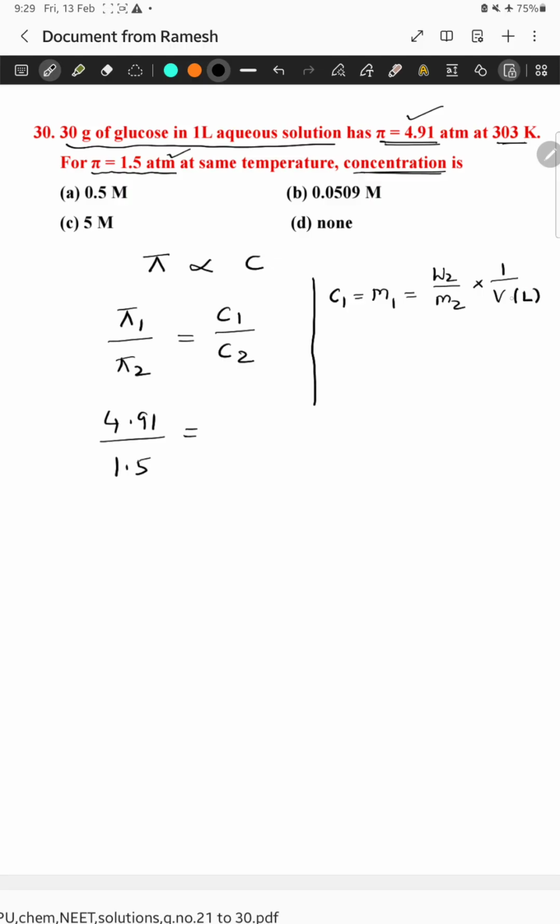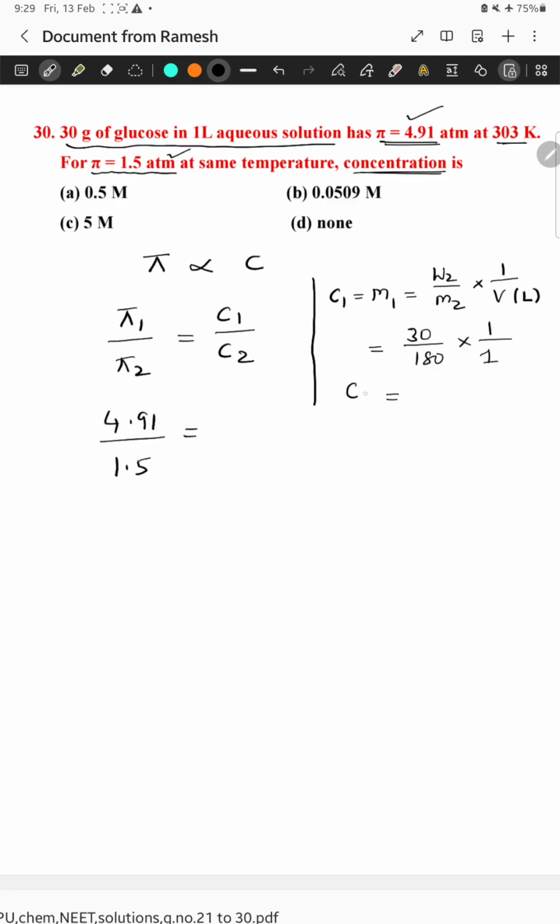Since volume is given in liter, I am not taking 1000 in the numerator. W2 means mass of solute. The solute here is glucose, that is 30 gram, and you know that for glucose the molar mass is 180, into 1 by volume, that is 1 liter.